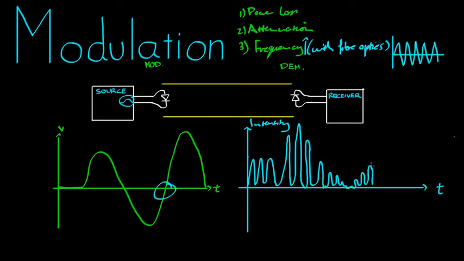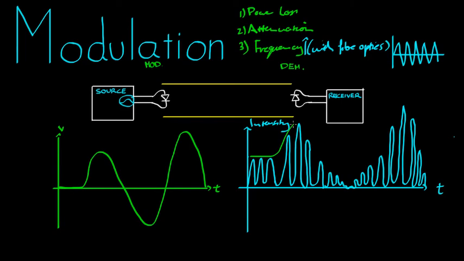So now we're at that point there, keep going up, and then back down to 0. And notice if I fill in a line over all these little peaks here, I get the same shape as this signal here.